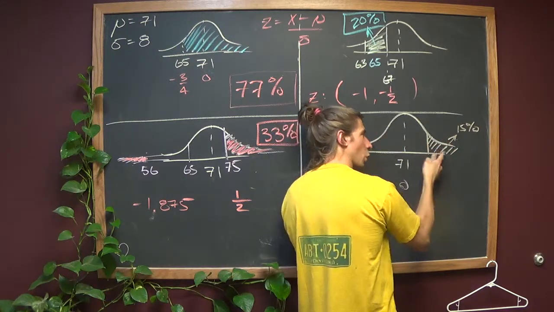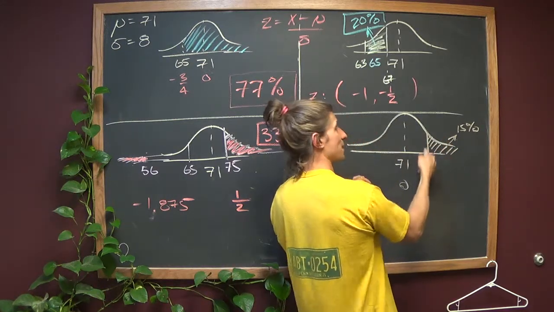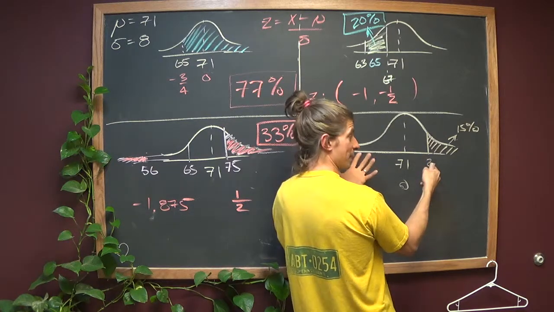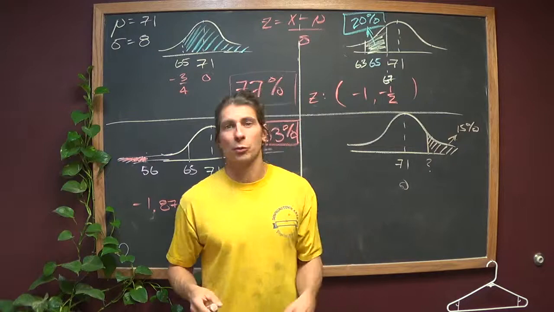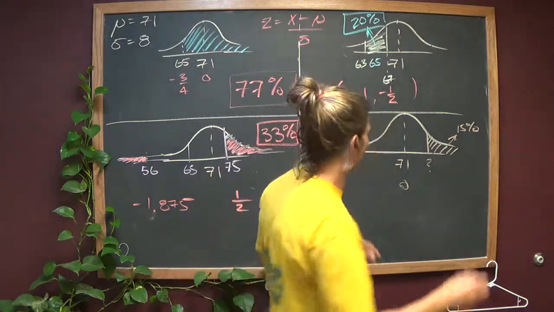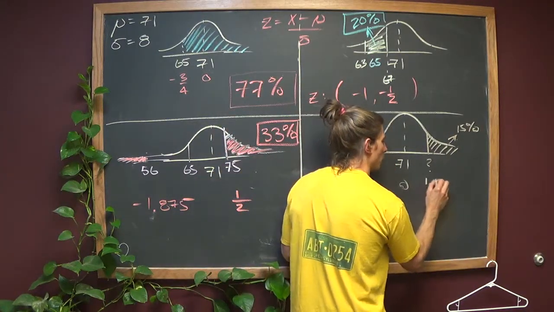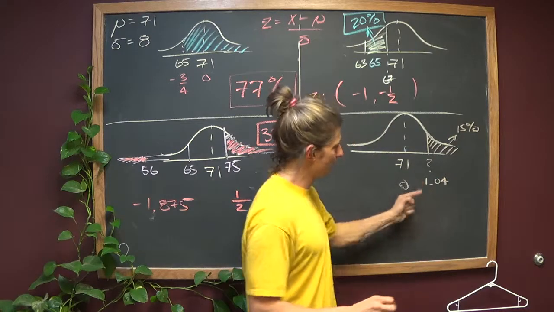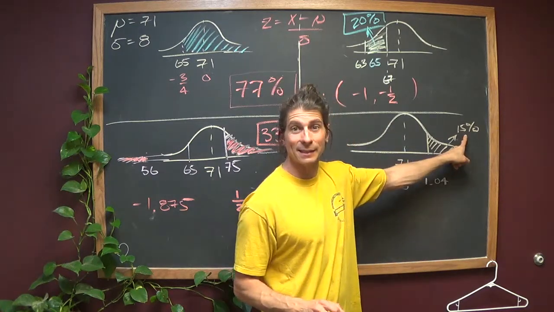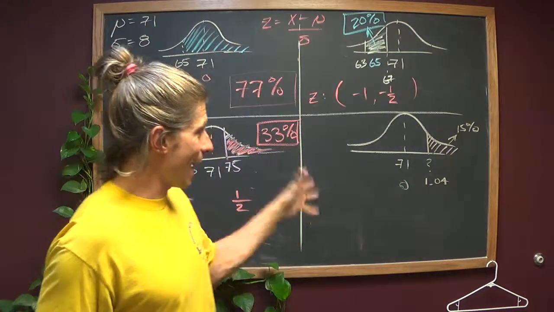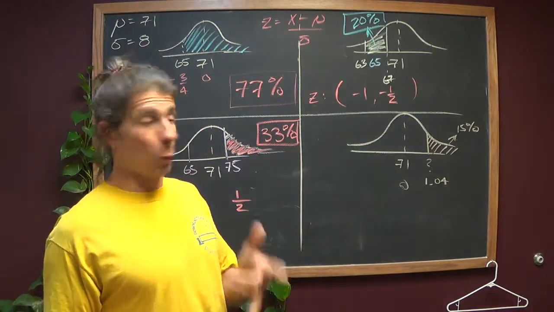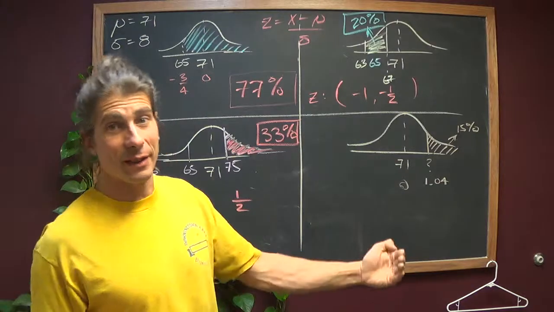That means this is darn close to cutting off 1 standard deviation on this end, which is pretty slick actually. So if you need more precision than that, that's when you run to technology. I cranked it and it ended up being 1.04, which is a little bit further right, which means that's a little bit less than 16, which makes perfect sense. Anyway, that z is 1.04, which tells you the number of standard deviations out.